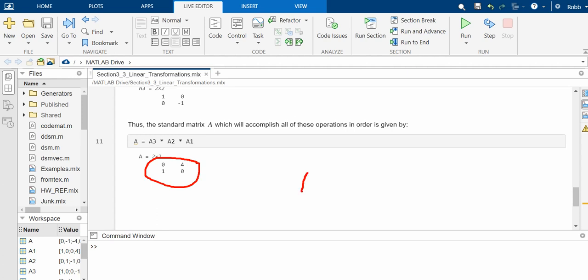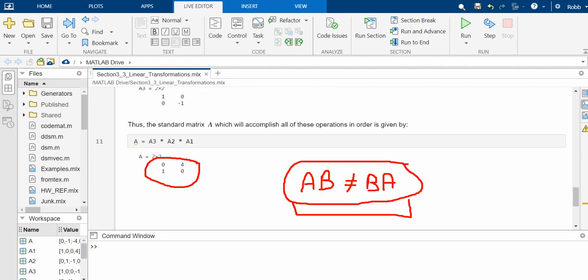Now, what's going on? Matrix multiplication is not necessarily commutative. A times B does not always equal B times A. It turns out there are some times where A times B does in fact equal B times A. It's rare, but it can happen. So I'm not saying they're never equal.